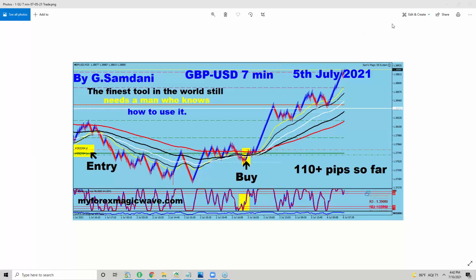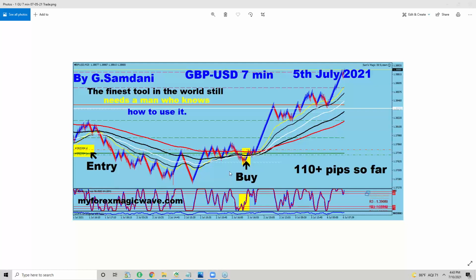So let's get started here. Week started on the 5th, Monday, and as you can see here, GBPUSD I had a long. This is my buy order, and SL moved to break even. The entry, if you can see, was from last Friday, July 2nd.